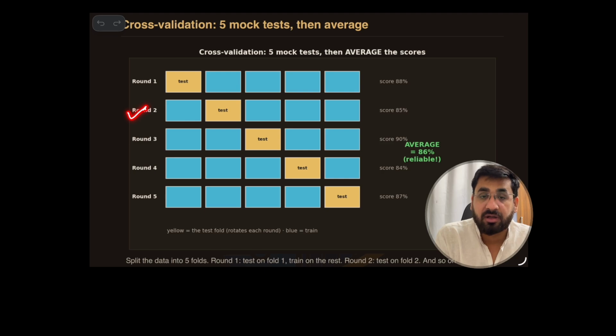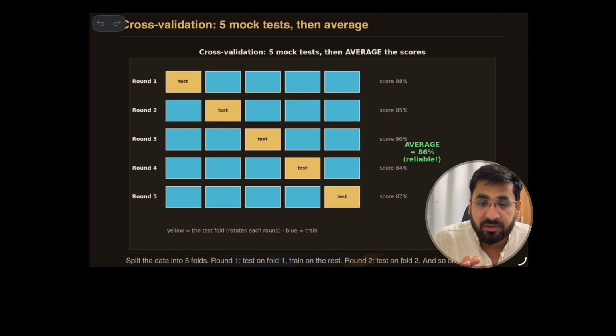Now for round 2 we will take chunk 2 as our test data and train on the remaining. Similarly, come to round 5. This 5th chunk is our test data, we are training the model on the first 4, and the model accuracy is 87%. Now if I ask you the average accuracy of the model, we will just average it and it is 86%.